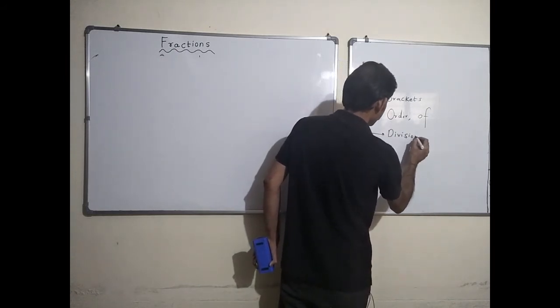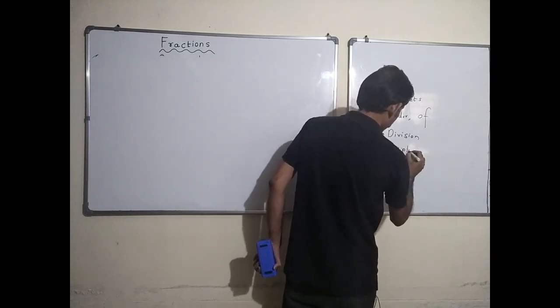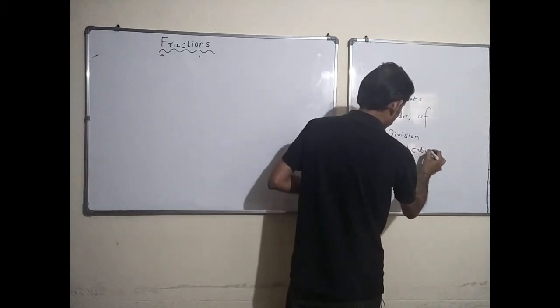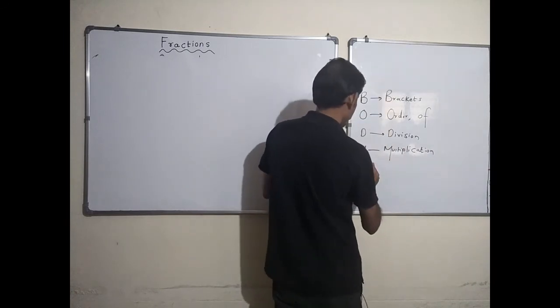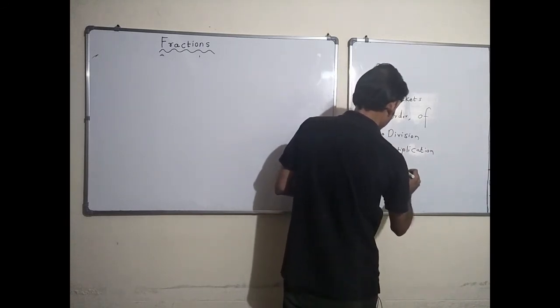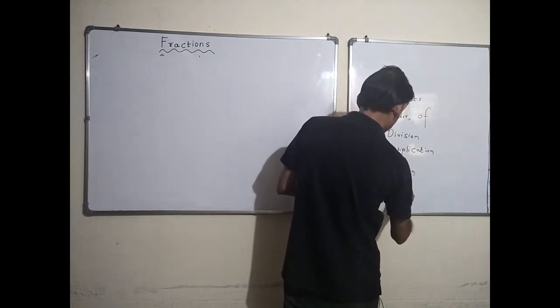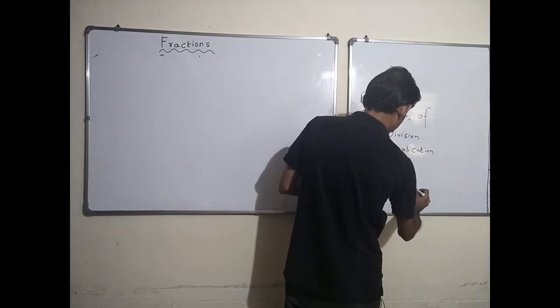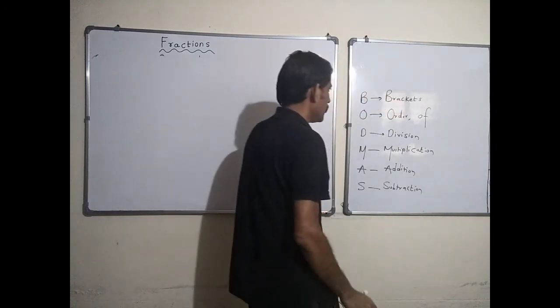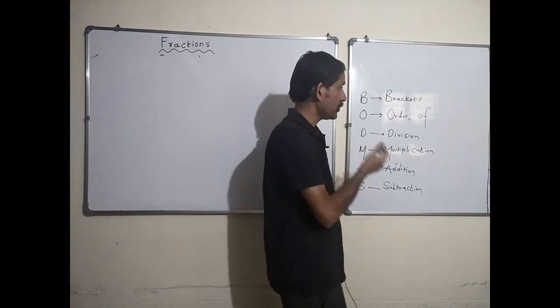D stands for division, M stands for multiplication, A stands for addition, and S stands for subtraction. There are 4 kinds of brackets which you already know from the previous chapter, I am not going to repeat that.